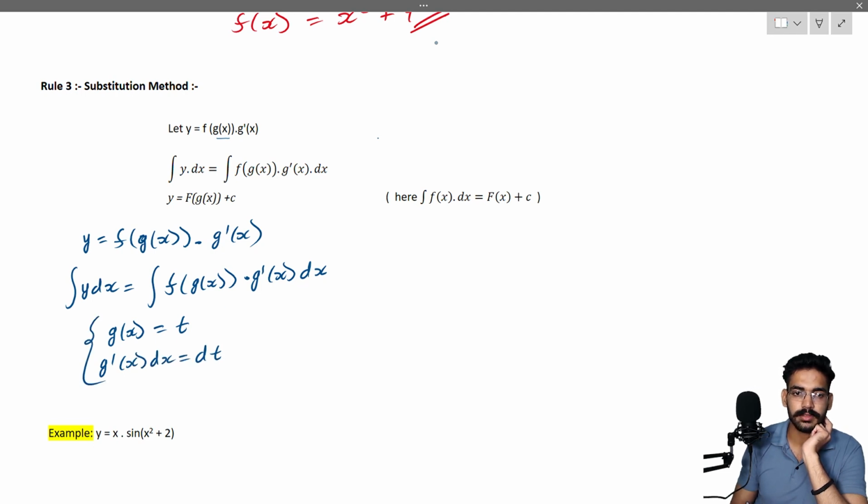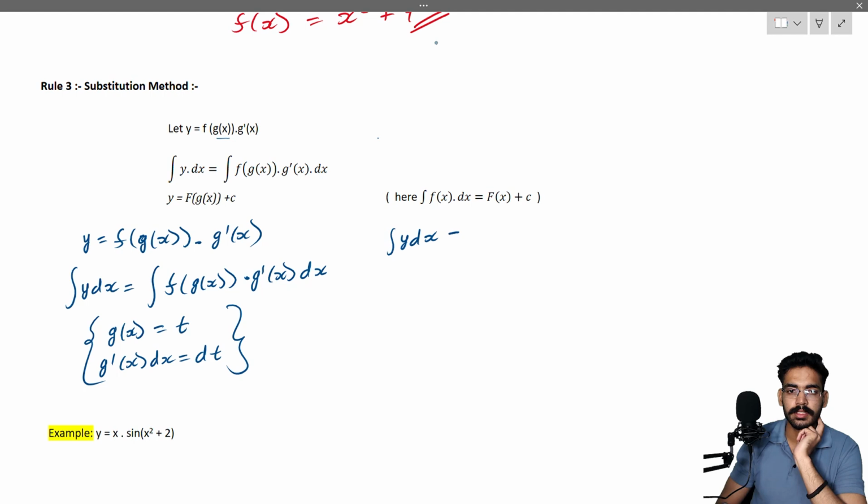This is the substitution thing. Now let's go ahead. Put this g dash x dx here. So your integration of y dx became integration of f of t dt, and we know that integration of f(x) dx is capital F(x).